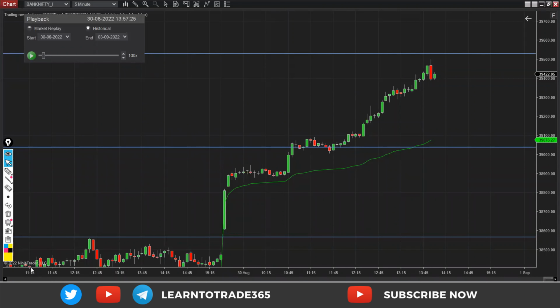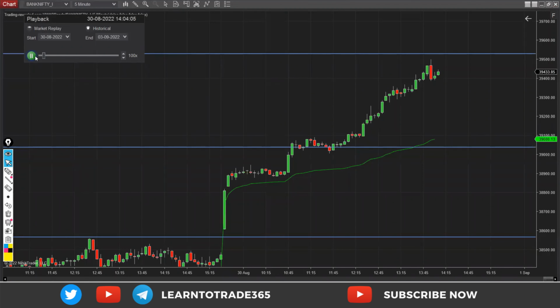I repeat, you can miss a move, but don't chase the price just because of looking at the candle color. Don't execute the trade that way. Always look at the market in the perspective of where you are placing a stop loss. How much is your risk? Look from that perspective, then execute the trade. Don't be in a hurry to execute trades.